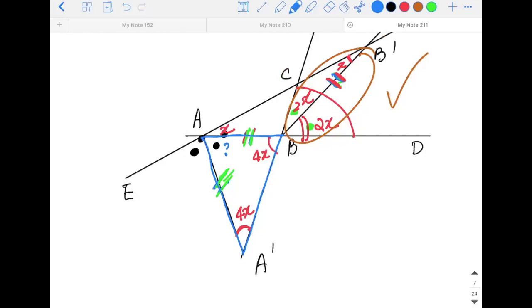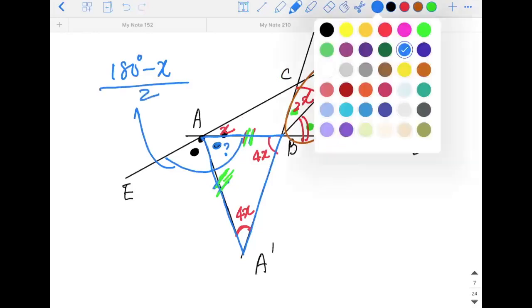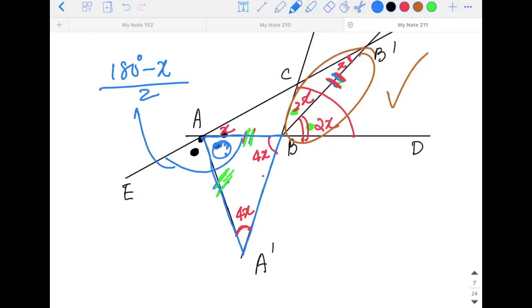I think this is kind of easy because this angle equals 180 degrees minus x, right? And this black dot is only 1/2 of this, due to the bisector. So divided by 2. So this is the value for this angle: 180 degrees minus x, divided by 2.